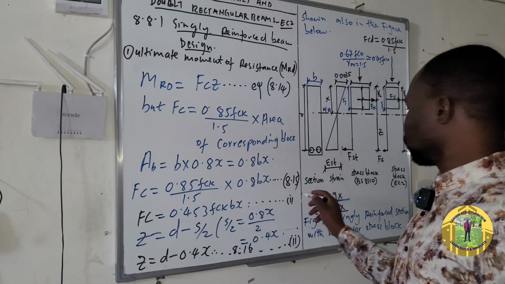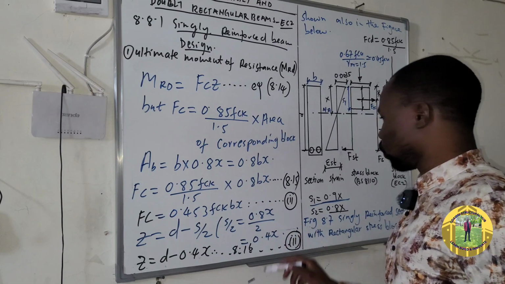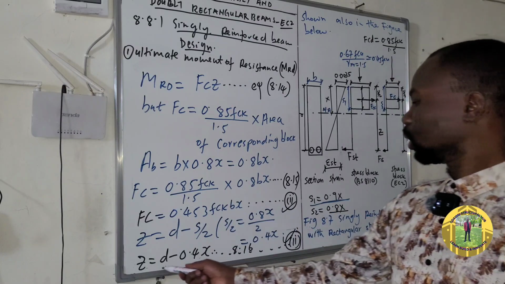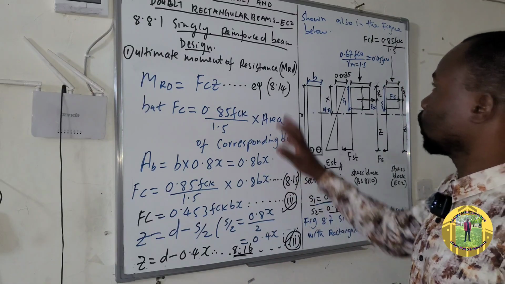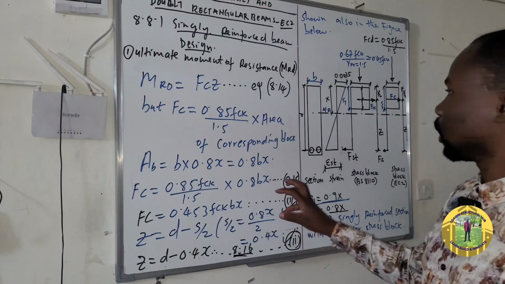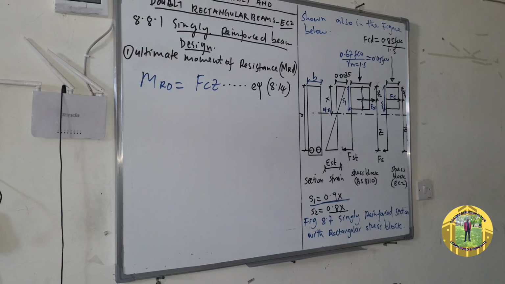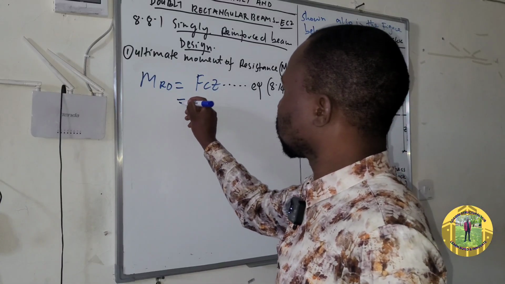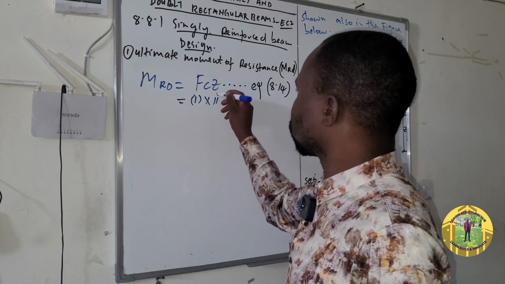But remember, we have named this equation 1 and this equation 2. This is our own naming because we want to combine them. In Eurocode, this one is equation 8.16. Allow me to fill in here so that we can continue with this derivation. This is our basic formula, which implies MRD: we will multiply equation 1 times equation 2.